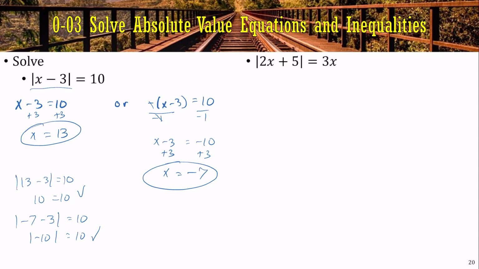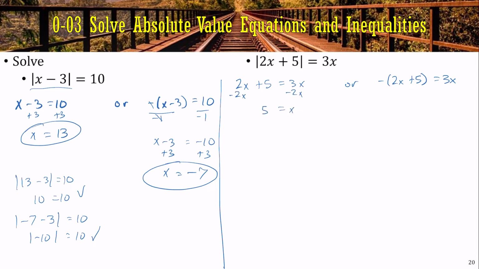The absolute value of 2x plus 5 equals 3x. All right, let's take our first equation where everything's just positive in the absolute value. And then our other equation where the absolute value stuff is negative. Solve each of them. The first one, let's get the x's together.